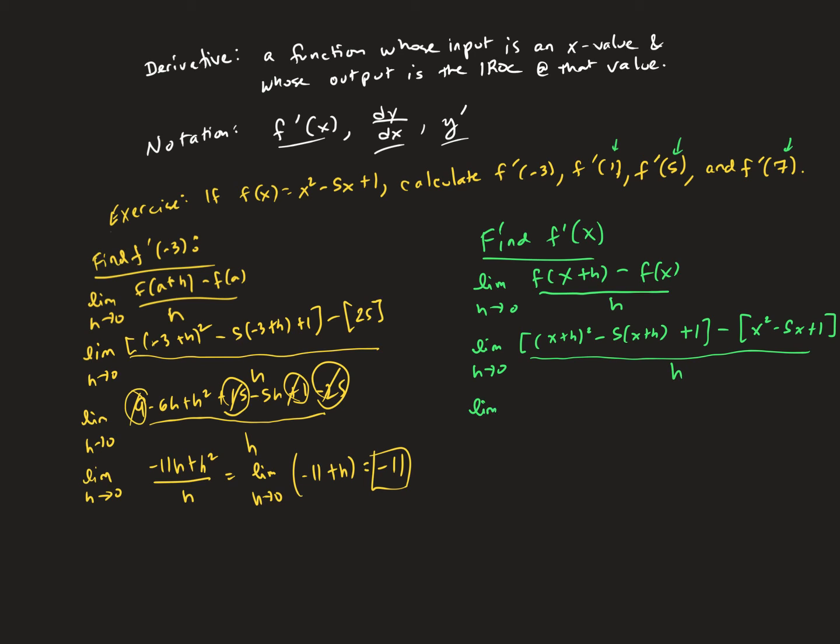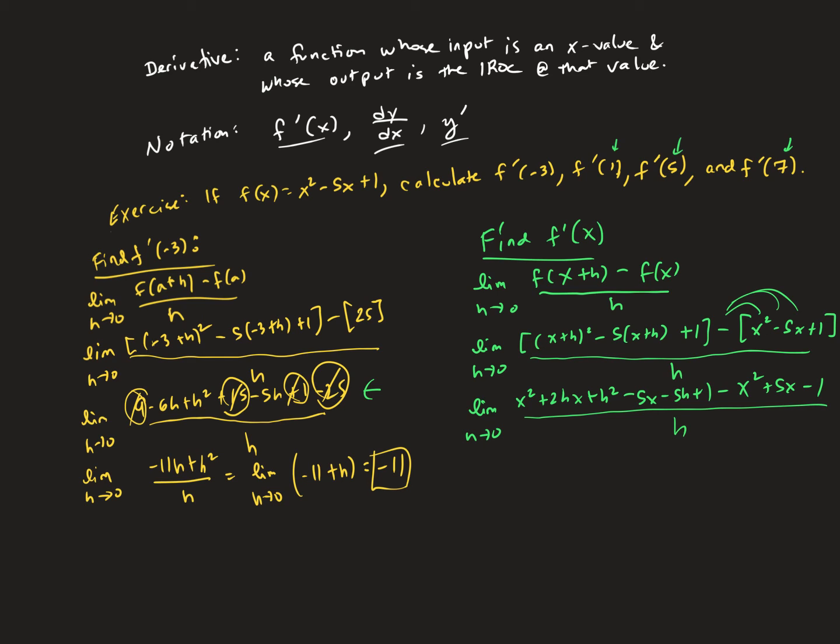So I'm going to FOIL the thing out on top. Lots of algebra to do. Distribute here. And then this negative I'm going to distribute to these things. Now, that thing on top looks scary, right? There's a lot of stuff going on. But remember over here, we said everything that doesn't have an h is to subtract away.